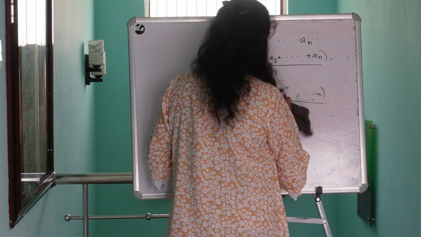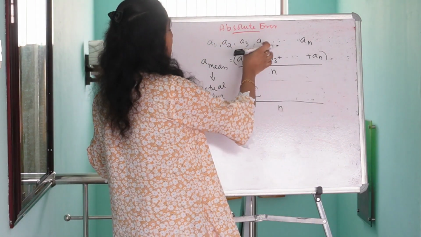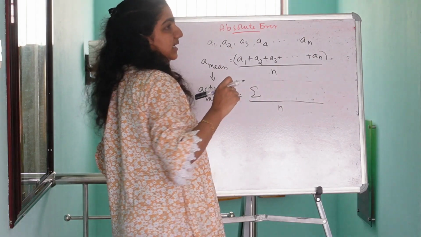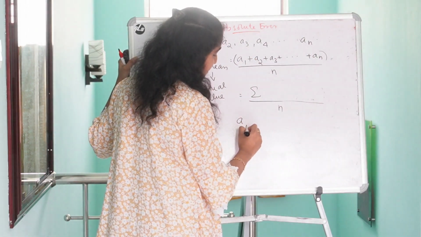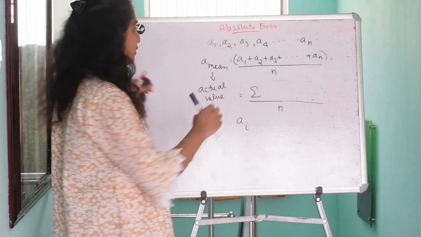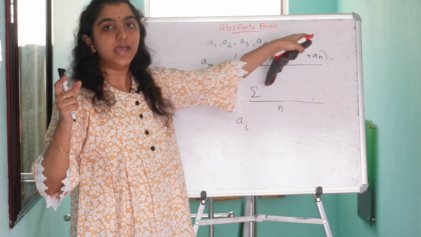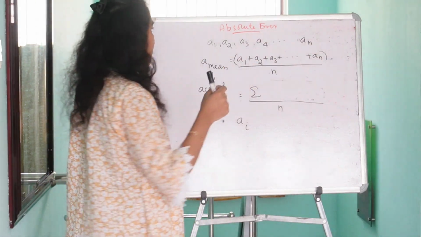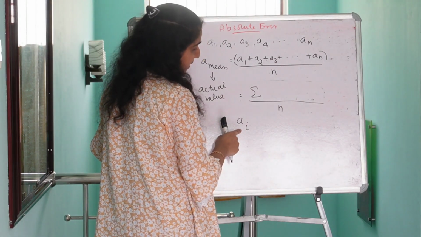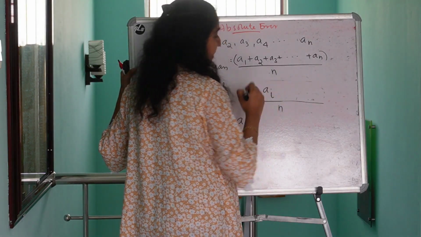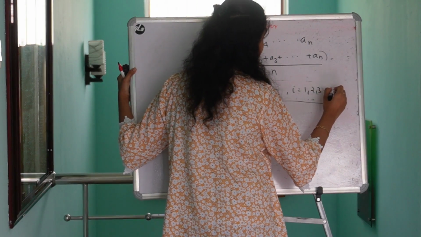I'm going to generalize all these measurements using a single variable, that is i, Ai, replacing 1, 2, 3, 4, etc. So sigma Ai, where i is equal to 1, 2, 3 up to n.